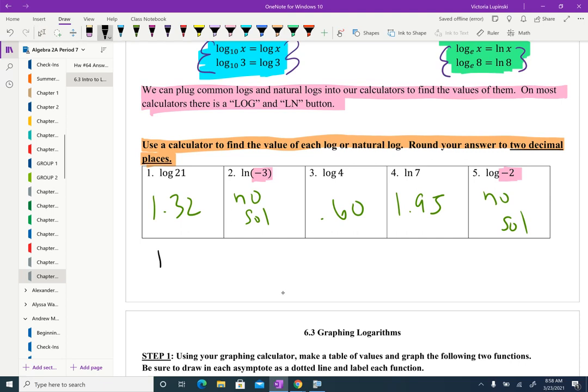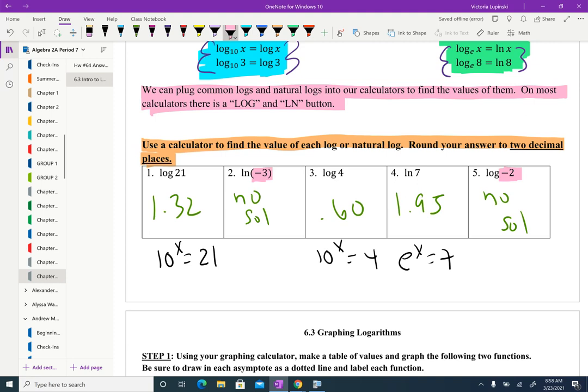Here in number 1, because it's a common log, you're really saying 10 to what power is equal to 21. Here in number 3, you're really saying 10 to what power is equal to 4. And here in number 4, you're really saying e to what power is equal to 7. Those are the questions that you're answering, and those are not things you should be able to do without a calculator, which is why you're not being asked to do so.